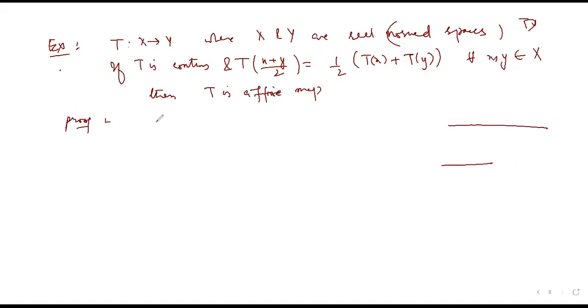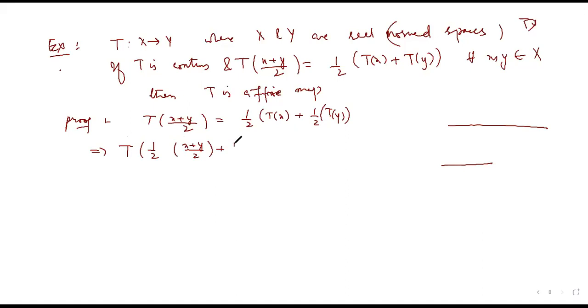कंस्ट्रक्शन है बेसिकली. सो अब मुझे पता है T of (x plus y)/2 is equal to 1 by 2 of T of x plus 1 by 2 of T of y. ठीक है ना? So I can write T of 1 by 2 of ((x plus y)/2 plus y), अगर मैं इस पे अप्लाई करूं तो ये मेरा x है और ये मेरा y है.